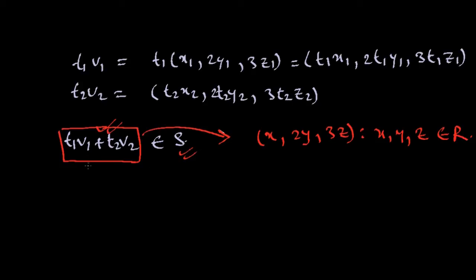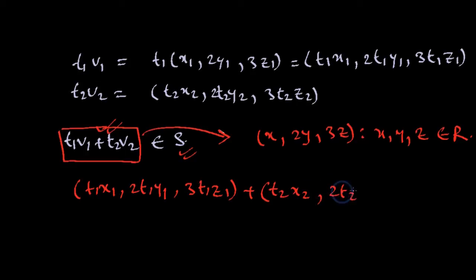Okay, so let's see. On adding, we just add t1 x1, 2t1 y1, 3t1 z1 plus t2 x2, 2t2 y2, 3t2 z2.